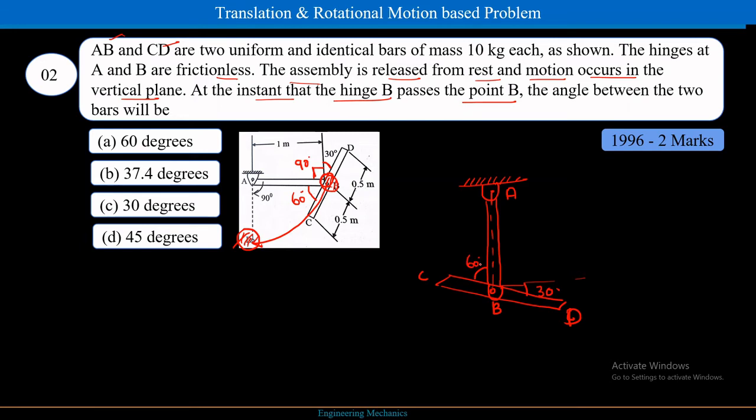Why does the question arise? See, this is not according to the question. They said they released this and it is moving in this direction.